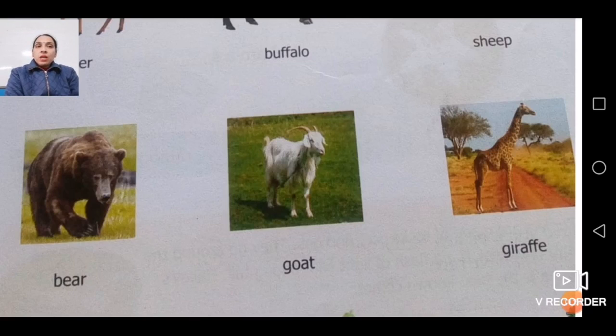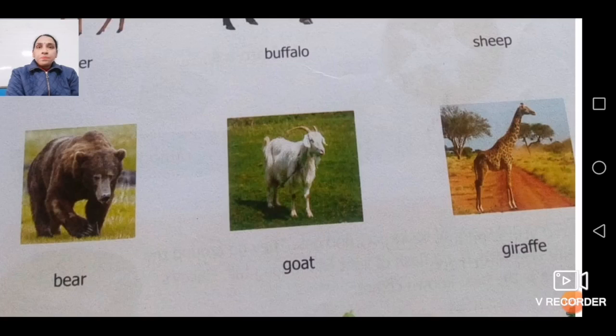Now the next is giraffe. Again giraffe, I don't think that I have to tell you. Giraffe is a wild animal. Now in this row, bear and giraffe both are wild animals. Both are found in the jungle, and we are not keeping them at home. So these two things about giraffe and bear you will remember. Now goat is fine.